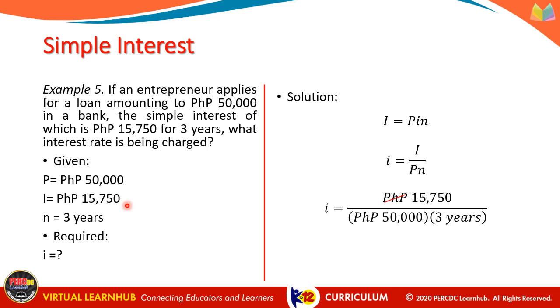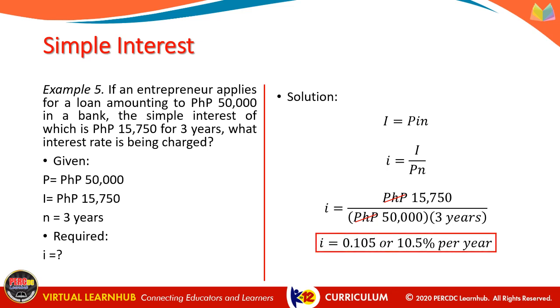We can cancel the unit pesos, and our answer would be I is equal to 0.105, or that is 10.5% per year. Okay? For example number 5, our answer is 10.5% per year.